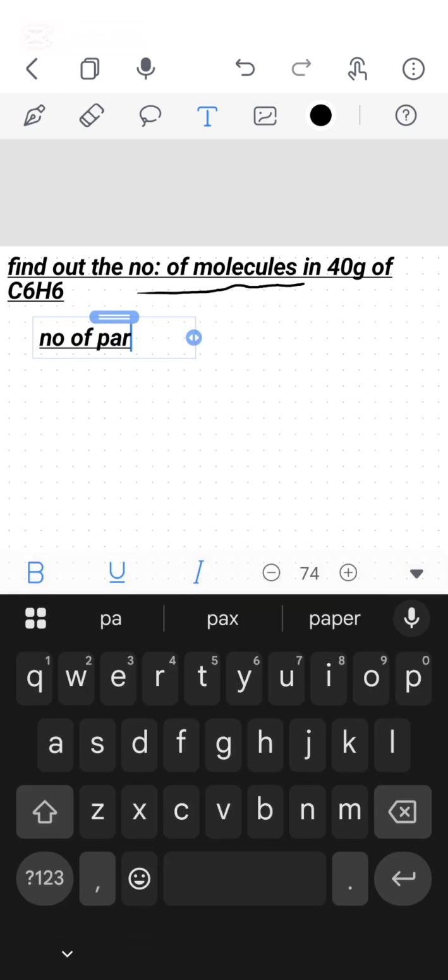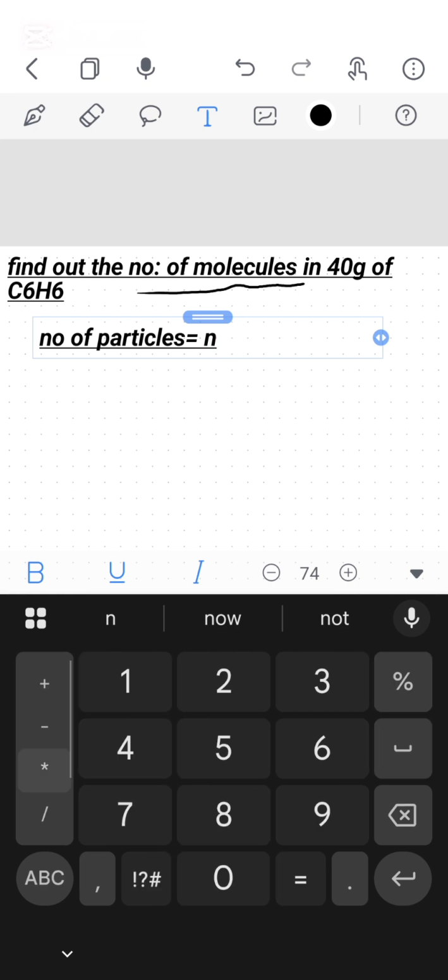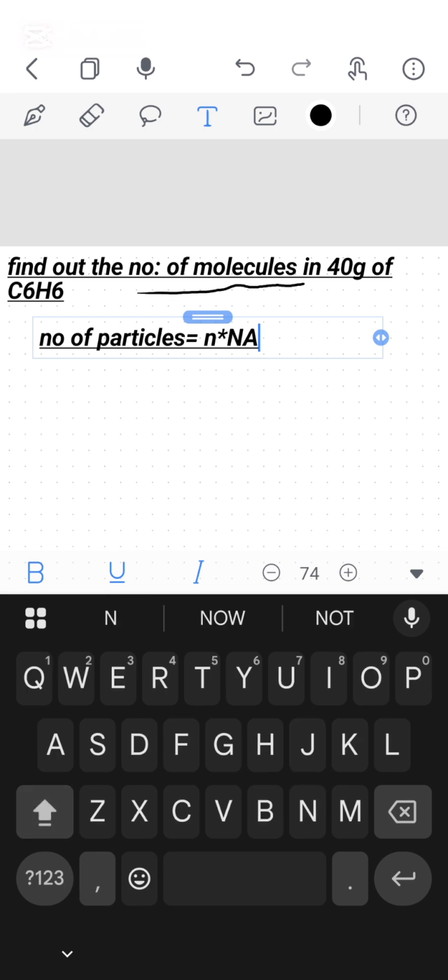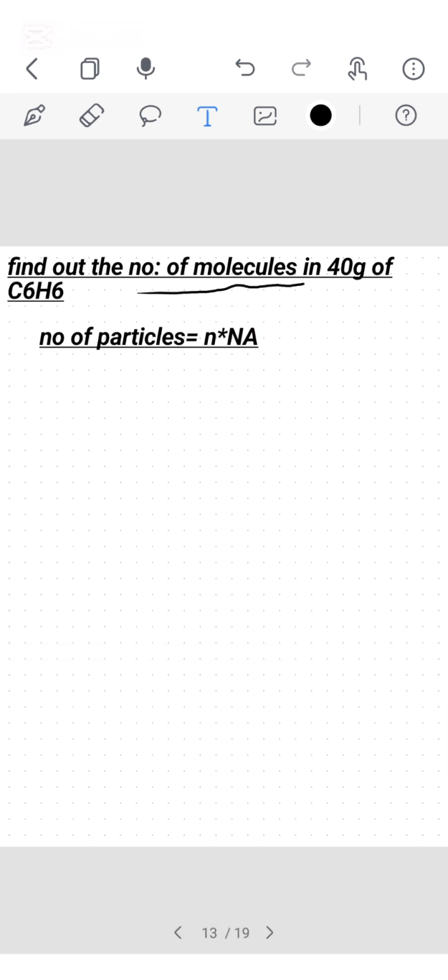Number of particles is equal to small n, which represents mole, multiplied with capital Na. And what is capital Na? In the previous class we discussed both: n represents mole and Na represents Avogadro number.